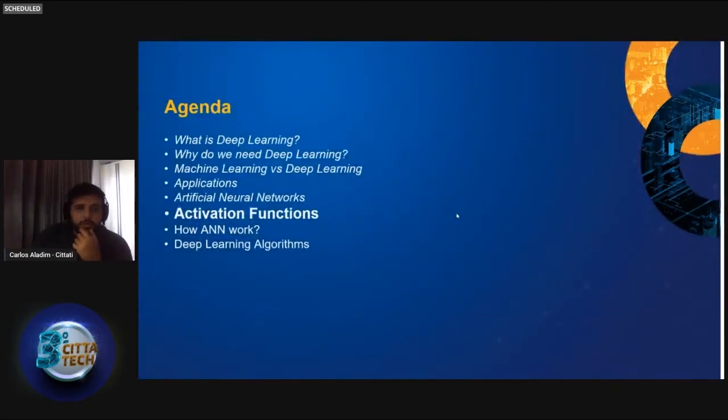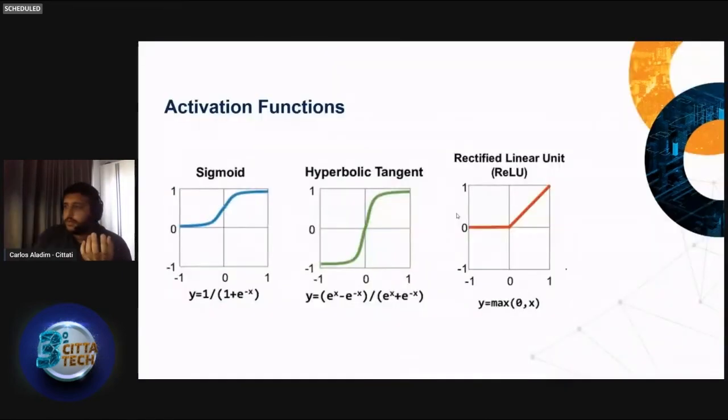So I'm going to talk a little bit about the activation functions, just for you to know the concept of that. But basically, these are three of the most famous activation functions. What it does is it will receive a signal, and depending on the signal value, it will return a value to the output.